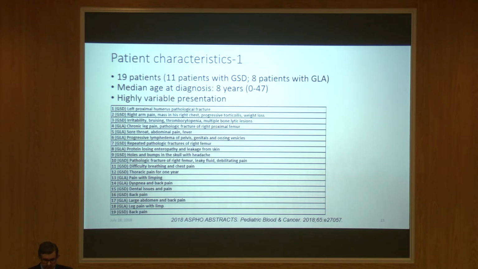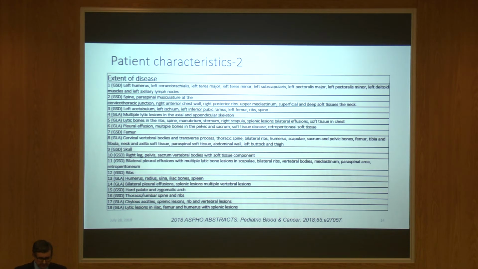And this table I'm not going to go over, but summarizes the presentation of the 19 patients. And it was highly variable. The other thing that was highly variable is the extent of the disease, as summarized in this table.